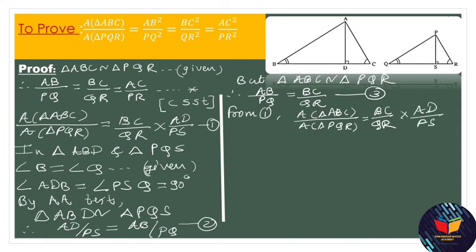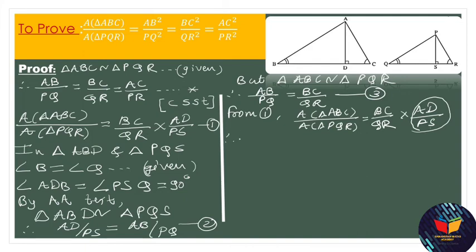Okay, so now what we will do, we will replace this AD upon PS with BC upon QR. And how will we replace it? We have equation 2 and equation 3, right? What is equation 2? Equation 2 says that the value of AD upon PS is AB upon PQ. Okay, and then in equation 3 the value of AB upon PQ is BC upon QR. So we will replace this AD upon PS with BC upon QR.